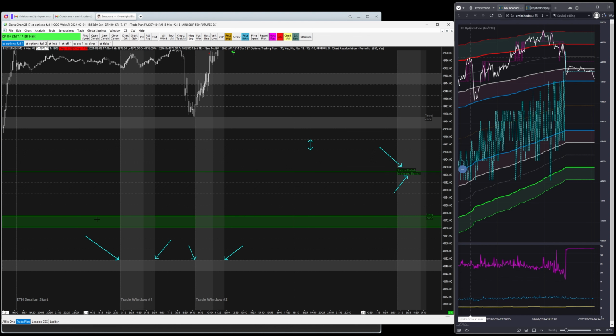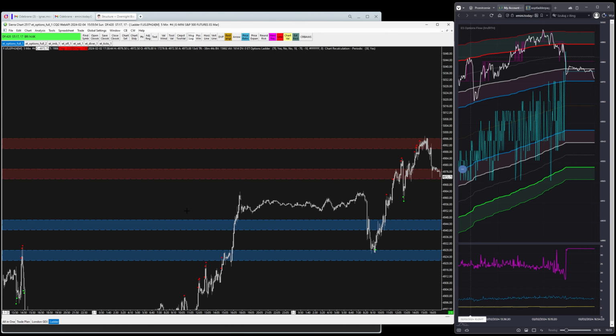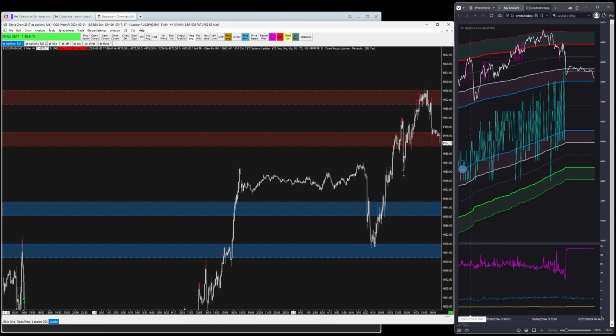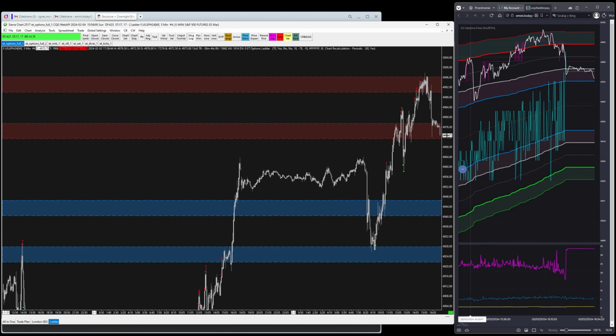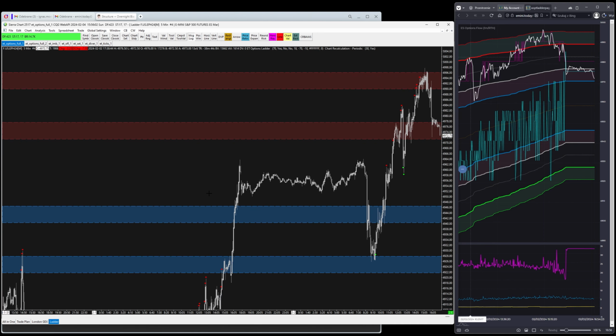Okay, so the next tool we'll talk about is the ladder. The ladder is actually just 4 of these channels, and it is dynamic. It changes throughout the whole session, overnight session and RTH session, right?